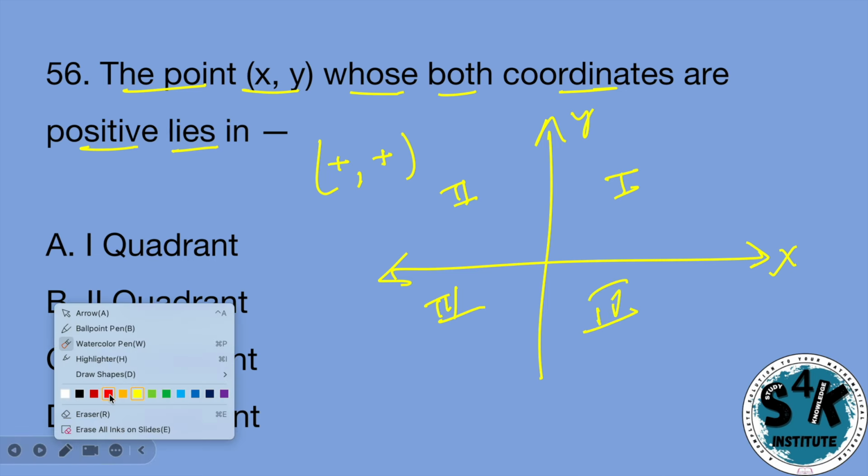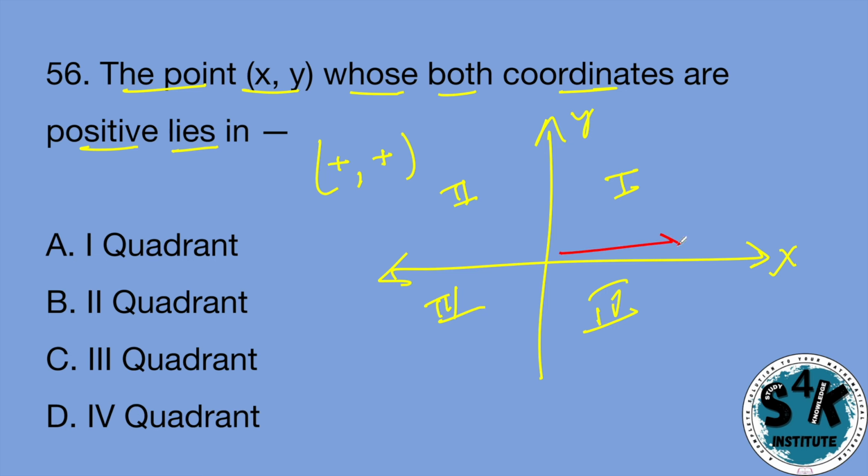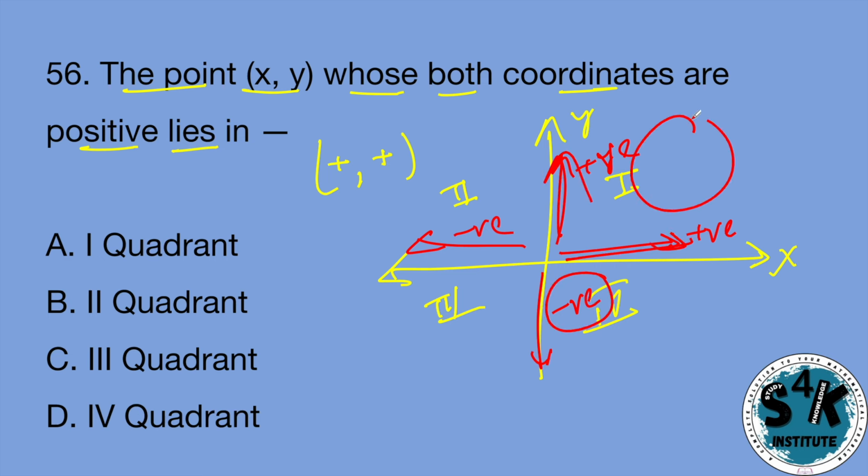And just to make it more precise, on this side x is positive, on this side y is positive. On this side x is negative, on this side y is negative. So when both are positive, this side and this side, it is lying here, so it will lie in the first quadrant.